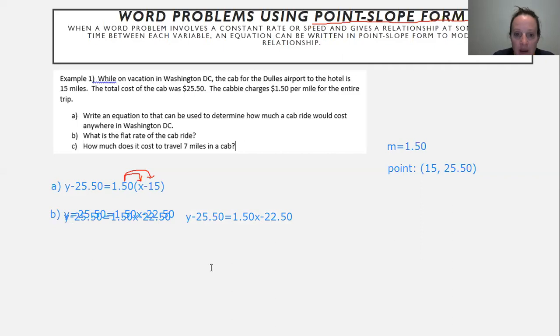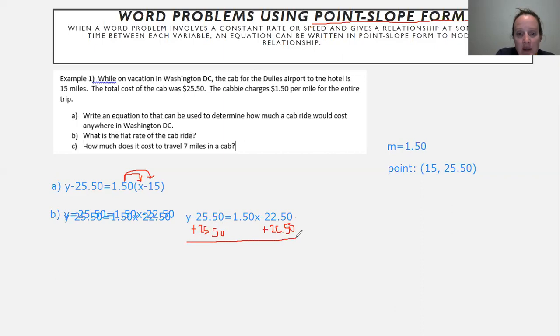There we go. I need this to be y equals mx plus b. So now I'm going to add my $25.50 over. I'm going to add it over here. I can combine these like terms. So I'm just really adding negative 22.50 plus 25.50.